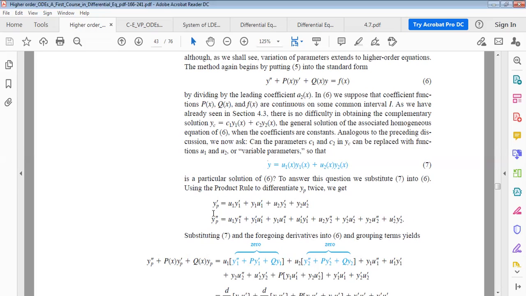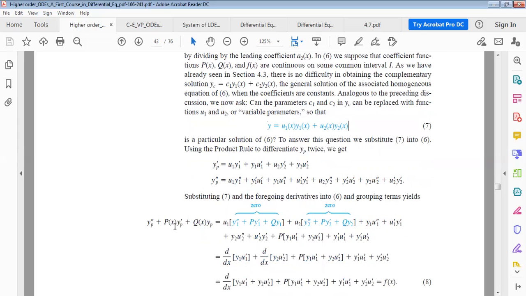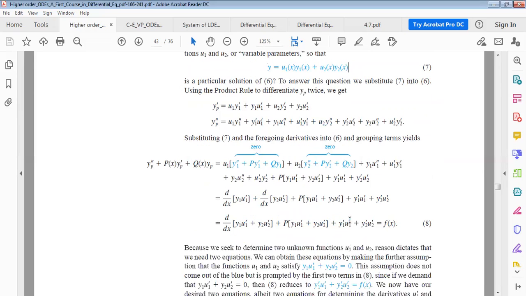Now substituting these foregoing derivatives into equation number 6, putting these values for yp and taking common terms, this becomes 0. Understand? So we can write this one by the UV process, p into this, and this is the last term.